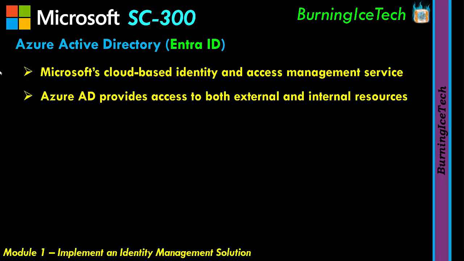And it goes without saying that we are going to have resources online outside our company environment. That's especially where Azure Active Directory excels because, let's face it, everything is moving online and off premises nowadays. So there needs to be a way for us to control access to these resources.